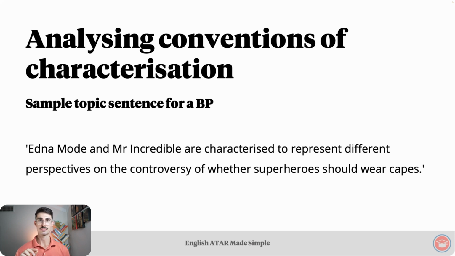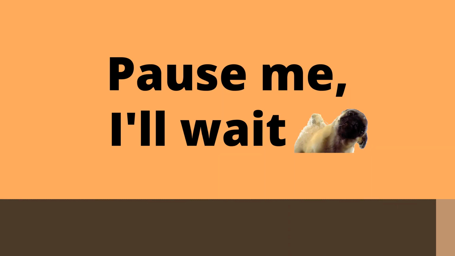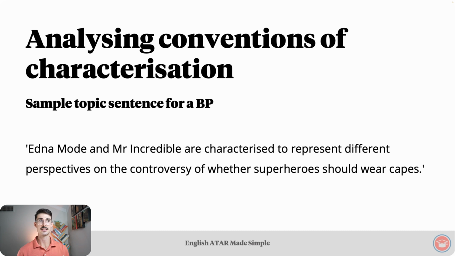I'd like you to cross-reference that topic sentence with the actual WACE exam question and just consider the extent to which this topic sentence addresses the main elements of the question. In other words, the extent to which it answers the question. Hopefully you've noticed that the sentence pretty much directly answers the question while also incorporating this additional element of characterization.